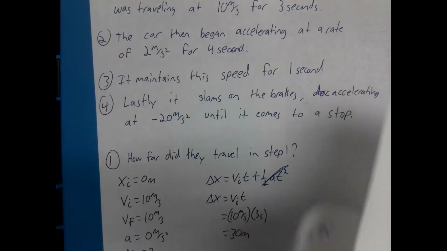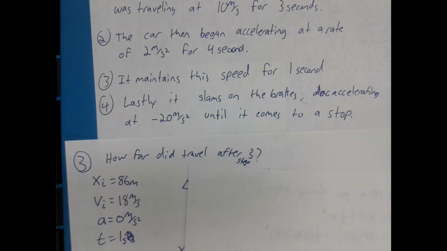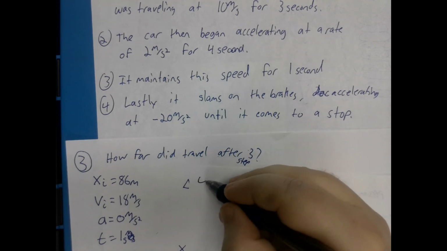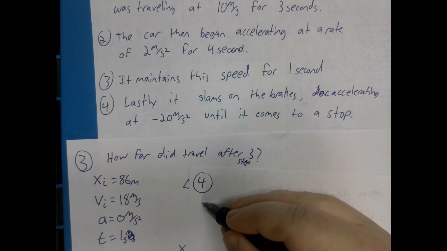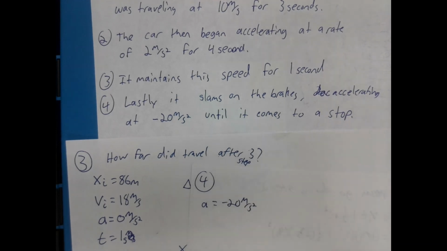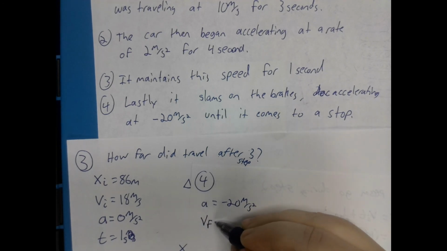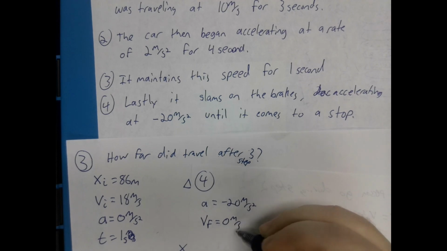So now let's get down to step 4. Lastly, it slams on the brakes, accelerating at negative 20 meters per second squared. So for step 4, we can automatically see that the acceleration will be negative 20 meters per second squared, until it comes to a stop. We know at the end it's going to be traveling at 0 meters per second.